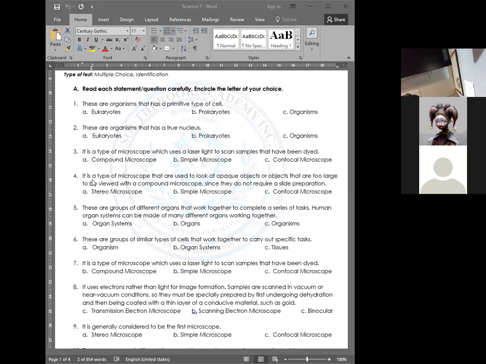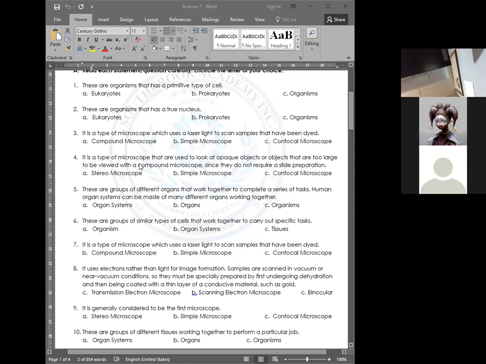Let me do it. Number 4, it's a type of microscope that are used to look at opaque objects or objects that are too large to be seen with a compound microscope, since they do not require the slide preparation.